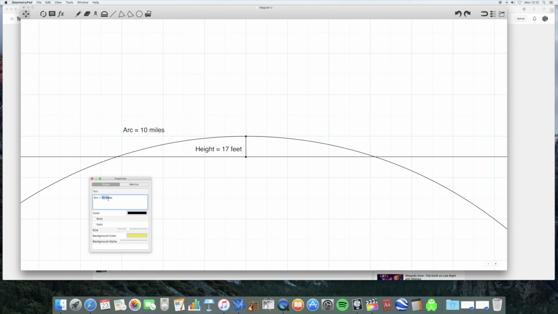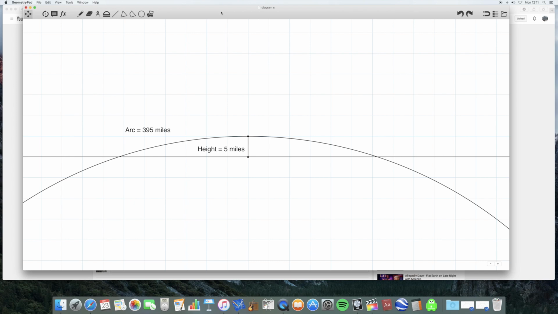So it's 395 miles. And the hump, or the height, whatever you want to call it, is 5 miles. You got that right. He initially said it was 20, and then he corrects himself. So his numbers are correct.